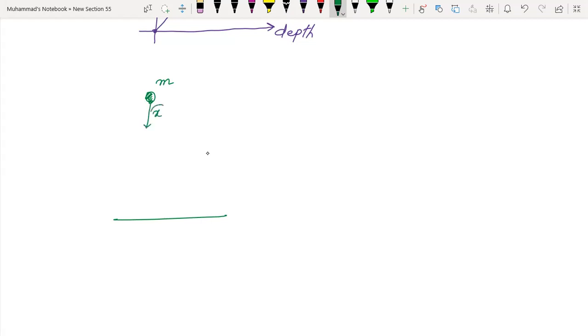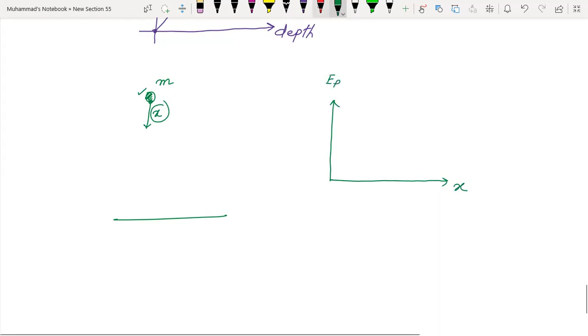We are measuring this distance from this initial position. When x is 0, its potential energy versus x graph. So when x is 0, its potential energy will be maximum. As x increases, this object goes down, potential energy would decrease, and it would become 0.